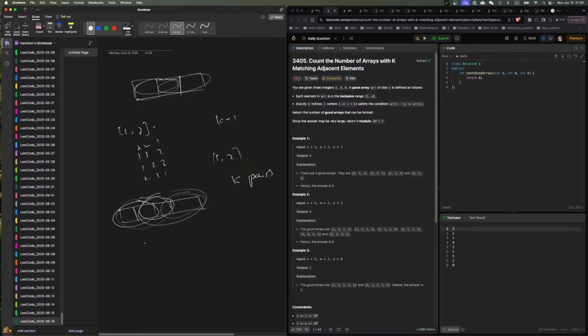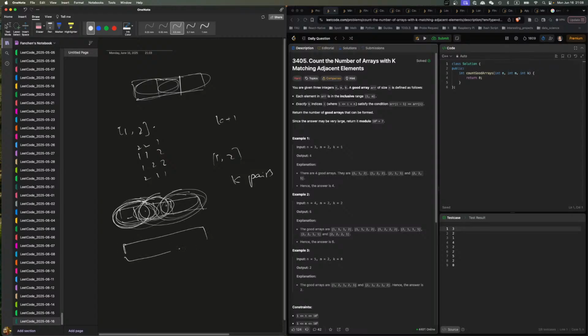Right? I have 3. So pair-wise, I have 1, 2, 3, 4. So I have 3 pairs possible, right? And I can choose how we want these 3 pairs. I can do this and this. This is one option, or I can have the pairs like this pair and this pair.